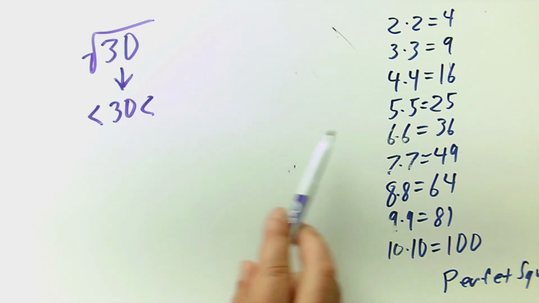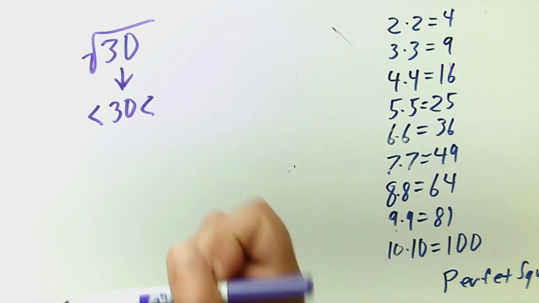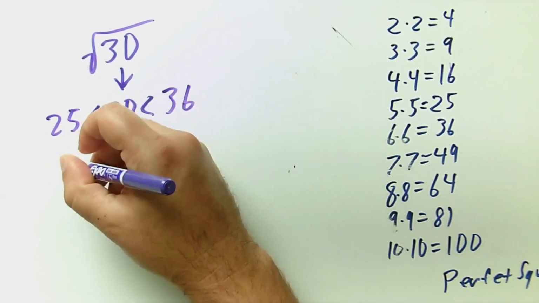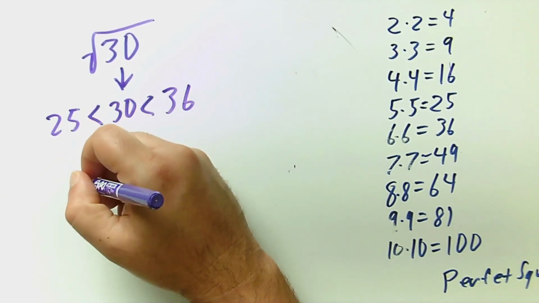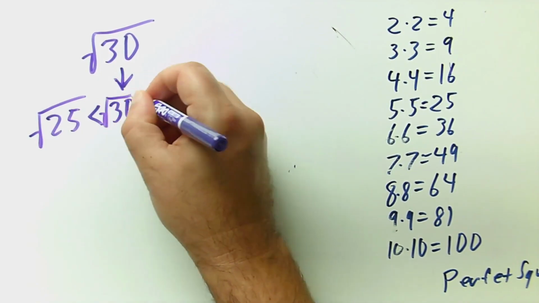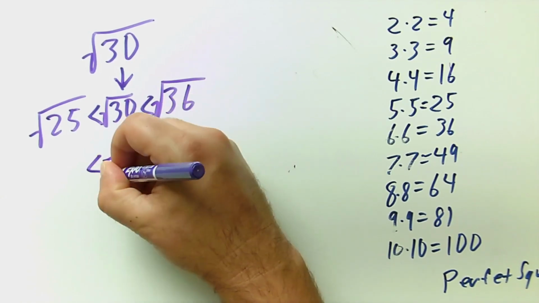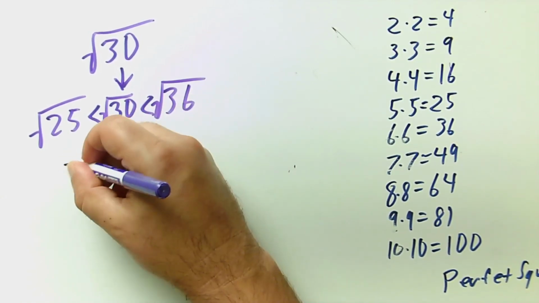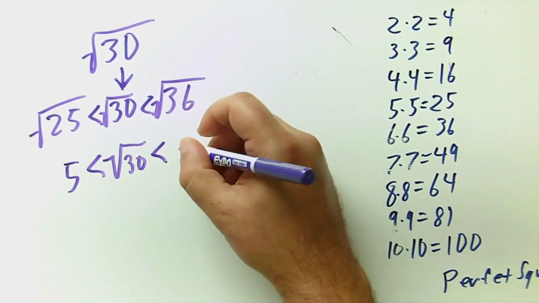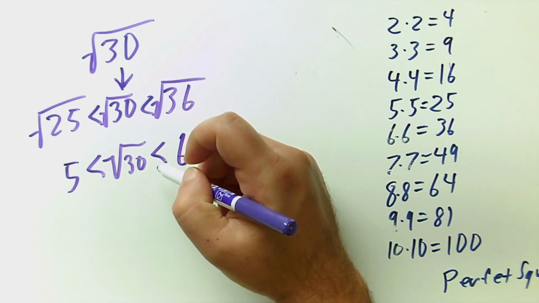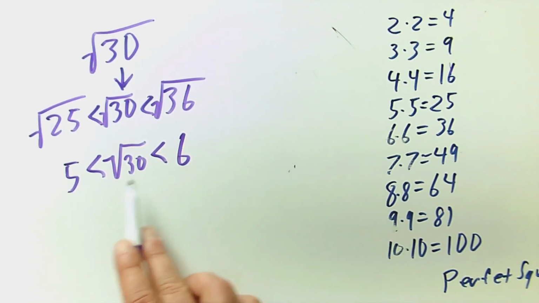So 30 is going to be between 25 and 36. Take the square root of all of them. Got square root of 30. We can do square root of 25, that's 5. Square root of 36 is 6. And it is somewhere between 5 and 6. Is it closer to 5 or 6?